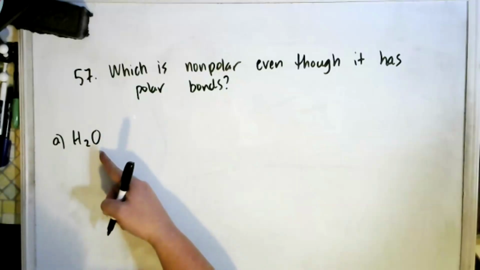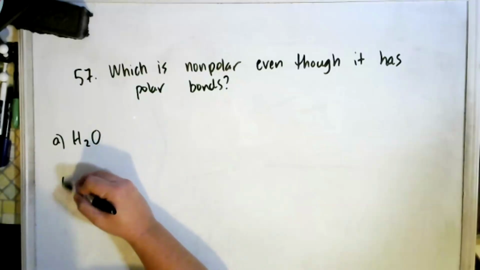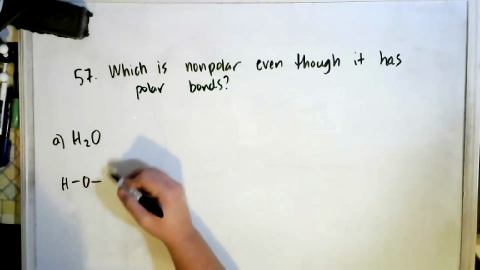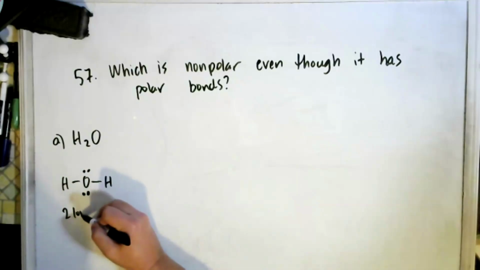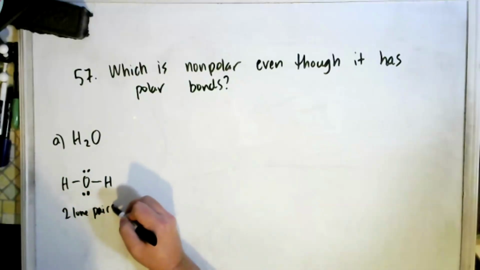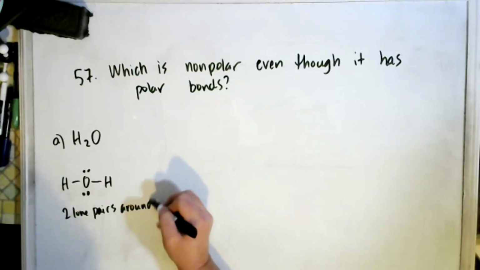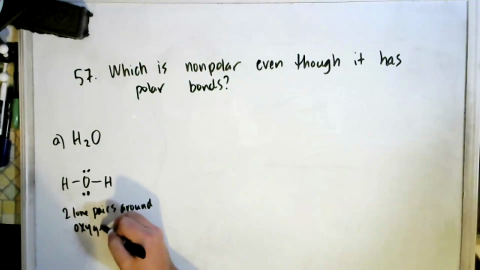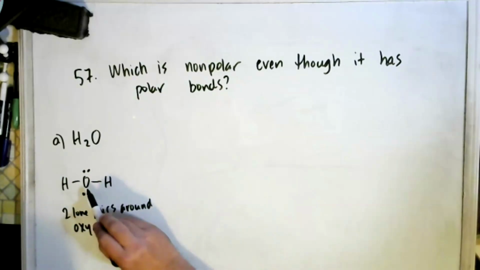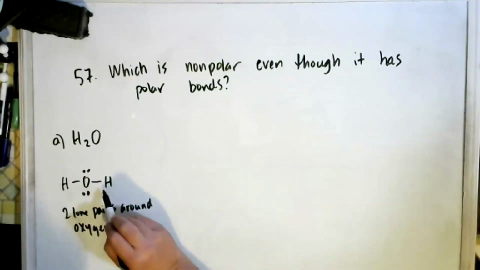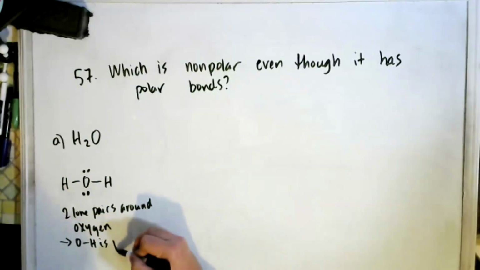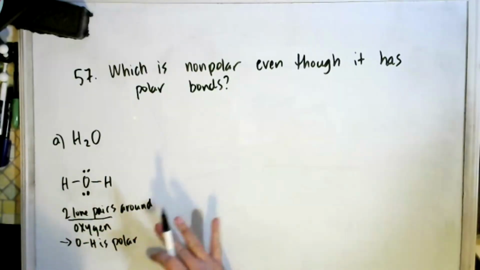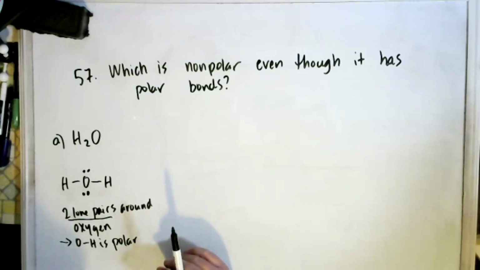For your water molecule, you're going to have your hydrogen connected to your oxygen, connected to your hydrogen, and there are two lone pairs around the oxygen. So your OH bond is definitely a polar bond, and because you have these lone pairs here, the overall molecule is polar as well.